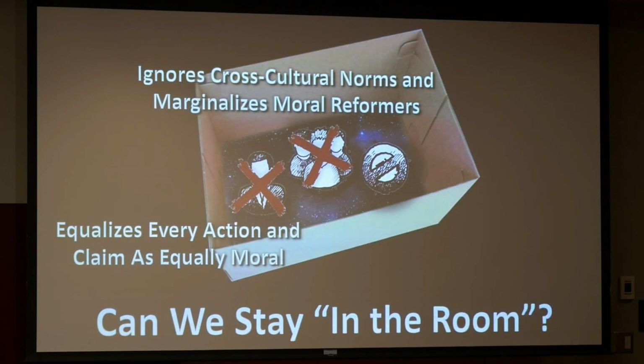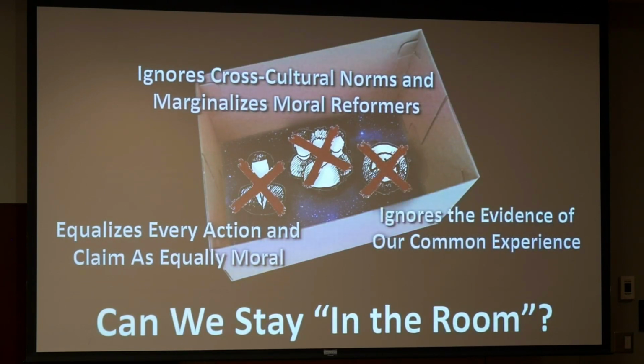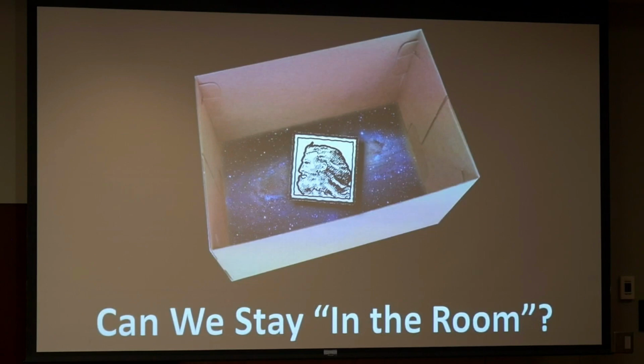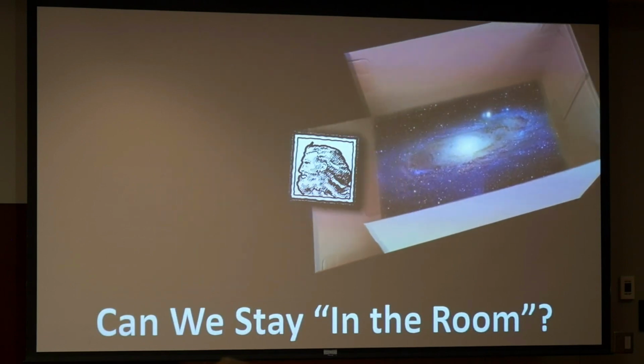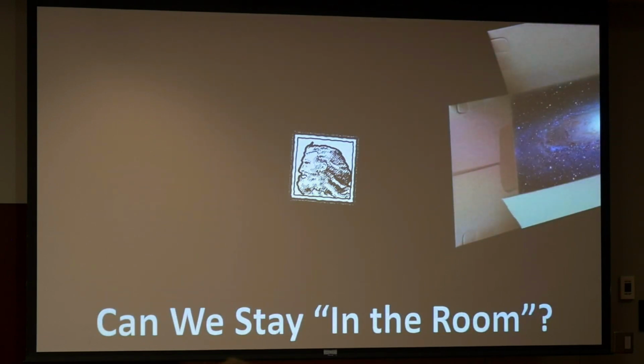Of course, if there are no moral truths, we have to kind of deny our own experience of the world. We believe there are. Now, on the other hand, if moral truths are grounded in the nature of a moral being that transcends the universe, this would explain why we find and feel obligations, moral obligations, inside the room. But we would have to go outside the room for this kind of being.